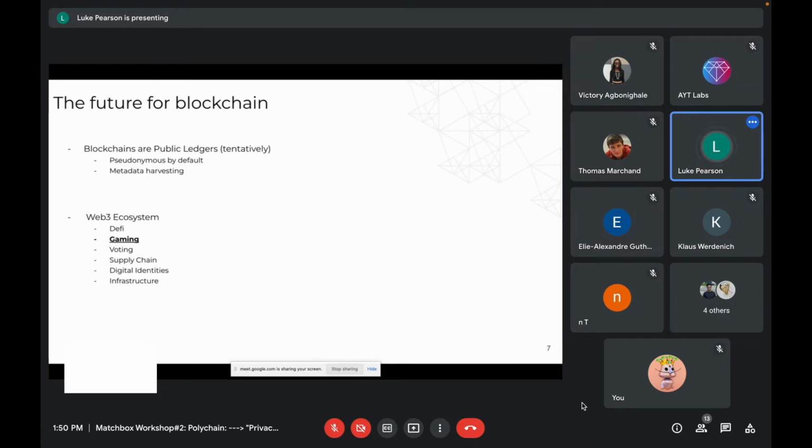But for me, the future of blockchain, making it private, making it scalable, whether it be through a continuation of another ZK rollup or validity rollup, whatever the specifics people are arguing about today, is just understanding the behavior that is permitted. And we have at the bottom here, DeFi.